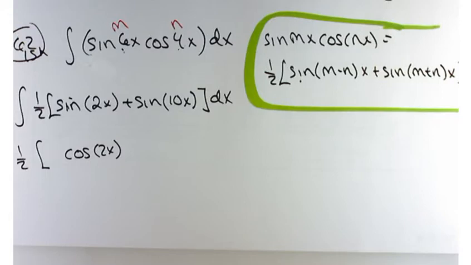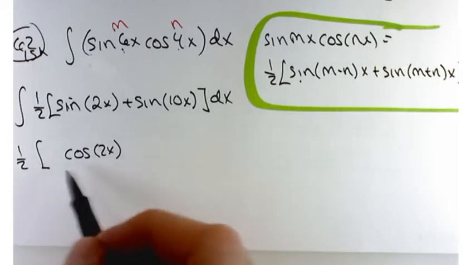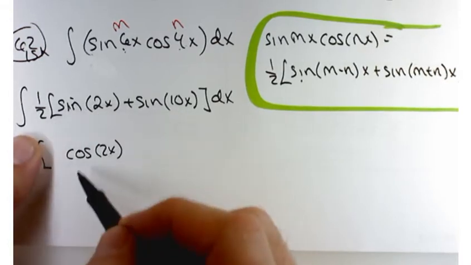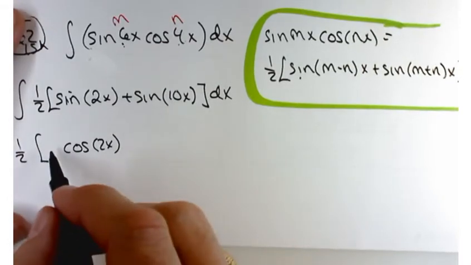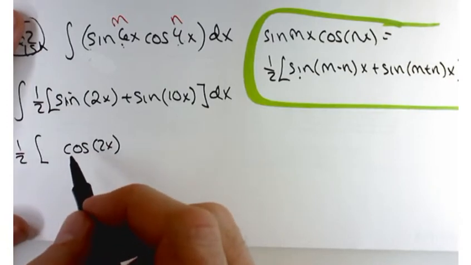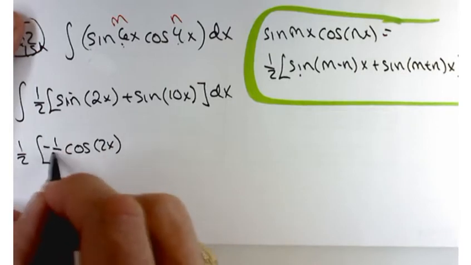What constant is going to come out in front when you integrate this term? I've already got the 1/2 here, but when I integrate this, some help? Yeah, negative 1/2. Good.